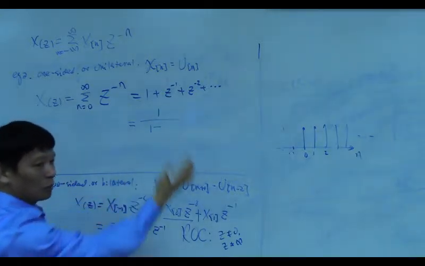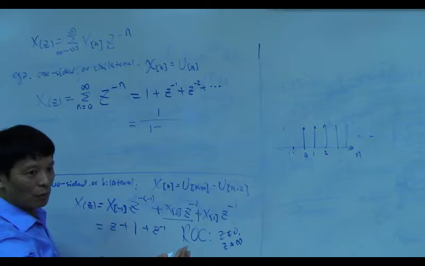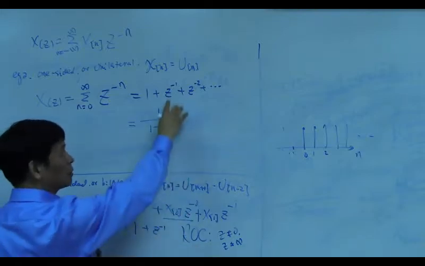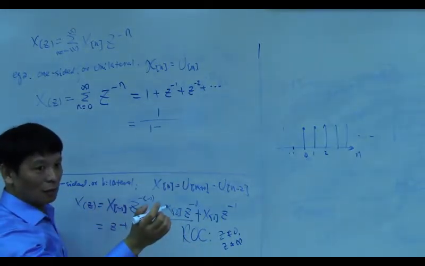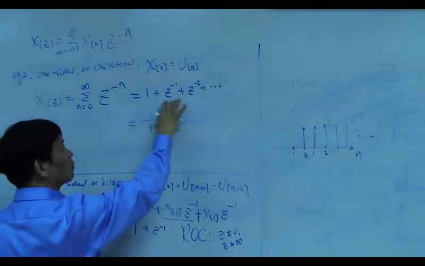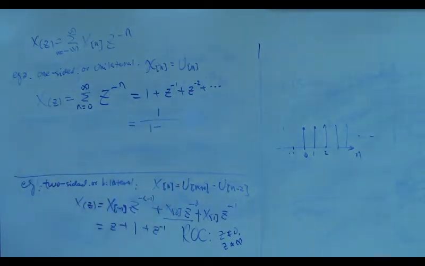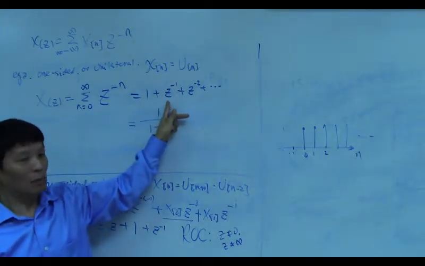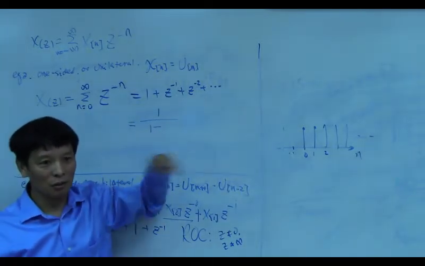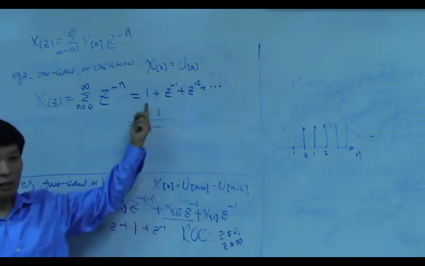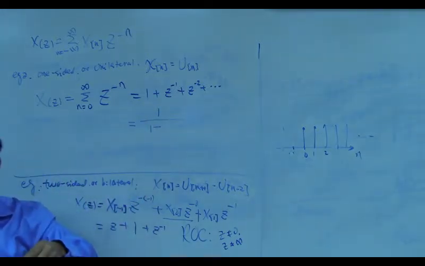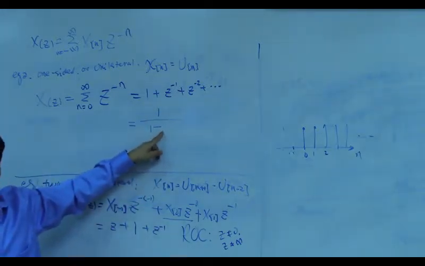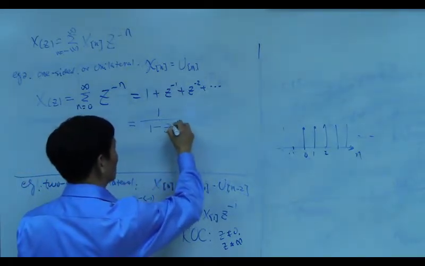What is the ratio? Each term is multiplied by z to the negative 1. This one equals 1, this one is multiplied by z to the negative 1, then the next is multiplied by z to the negative 1 again, and so on. So the ratio between adjacent terms is z to the negative 1. So 1 minus z to the negative 1.